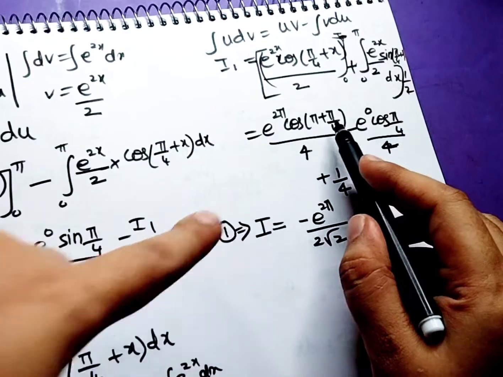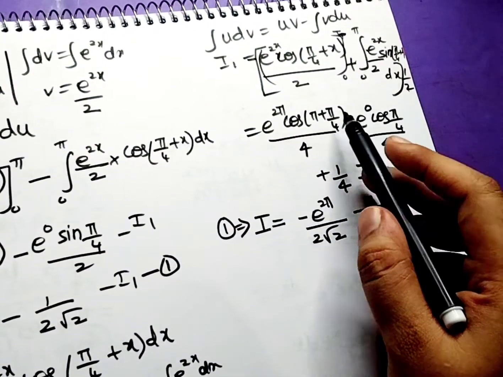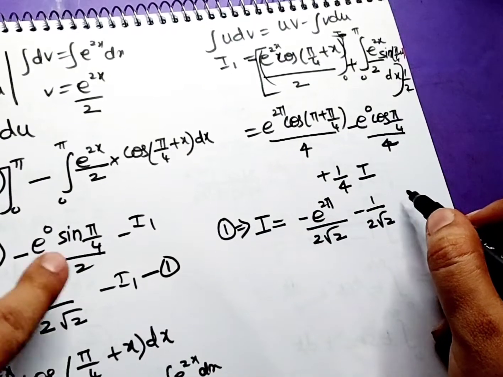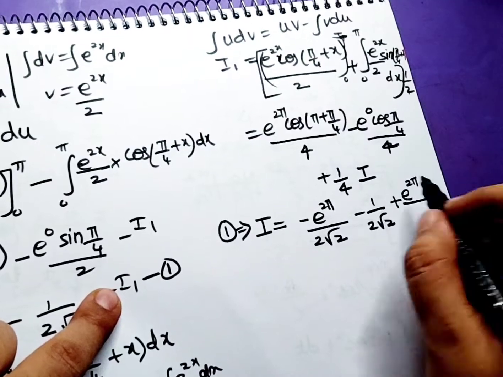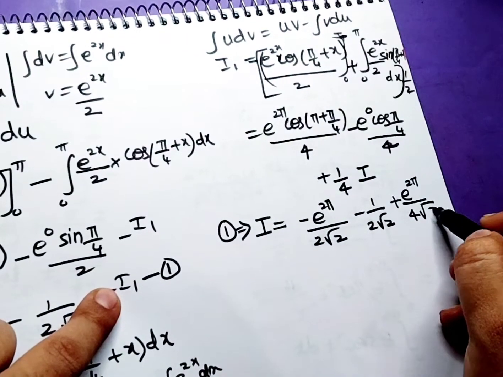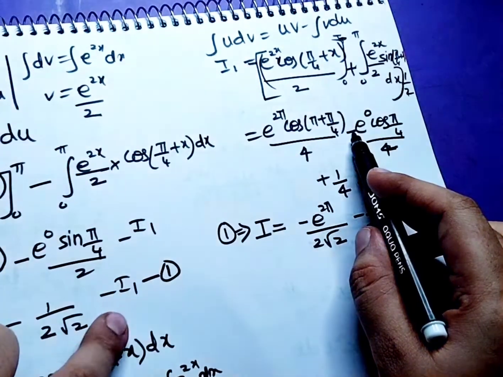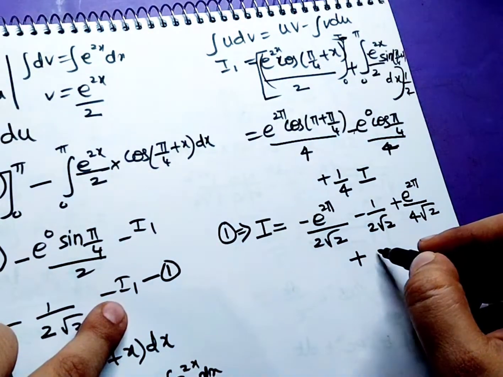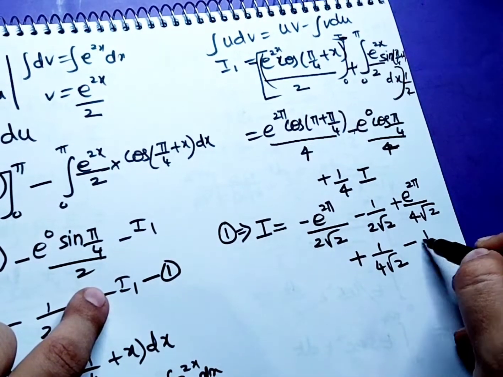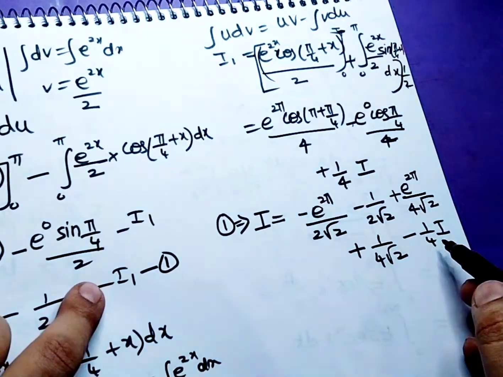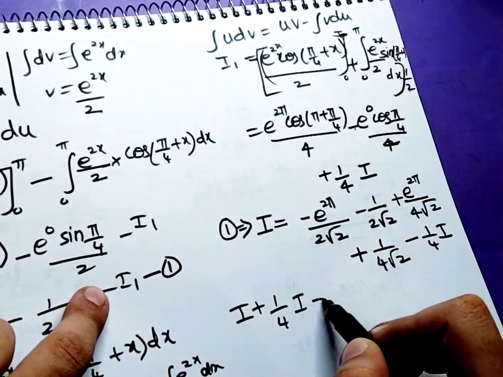So here cos of pi plus theta, third quadrant cos is negative, cos pi by 4 is 1 by root 2, so it is minus of minus plus e power 2 pi by, we have 4 root 2, e power 0 is 1, cos pi by 4 is 1 by root 2, minus into minus plus 1 by 4 root 2, minus into plus minus 1 by 4 I. We'll take this minus 1 by 4 to the left side. So I plus 1 by 4 I.